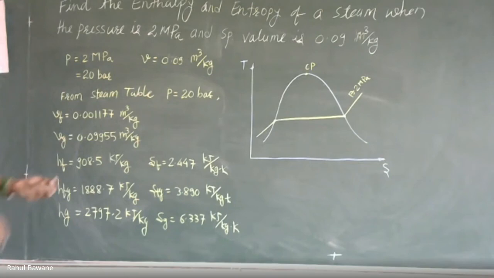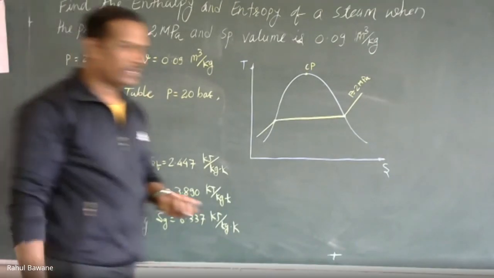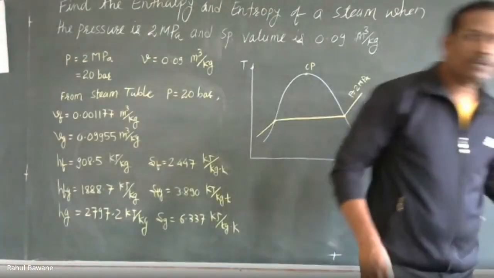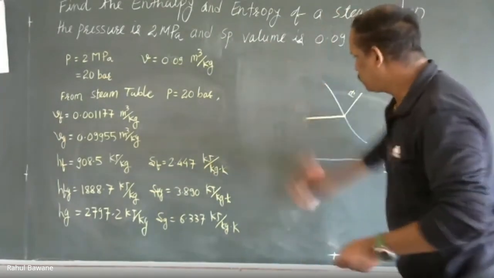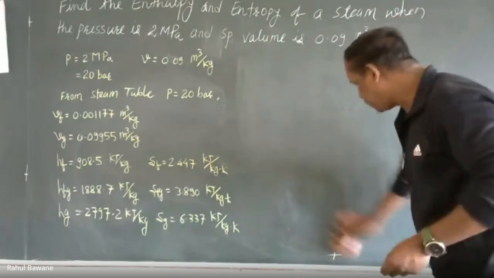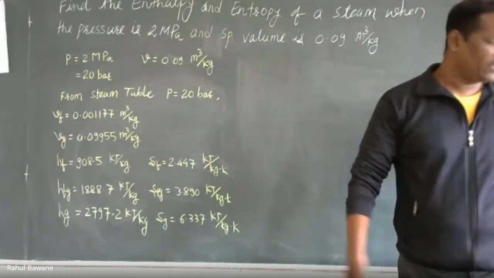So from the steam table we come to know the properties of our required steam as per the given data. So at 20 bar, what are the different properties? We note down all these properties.